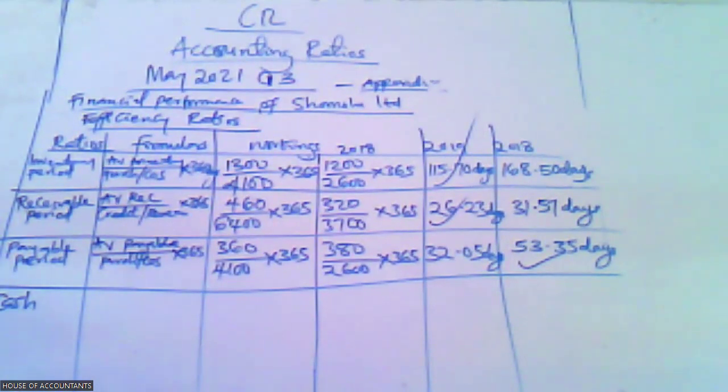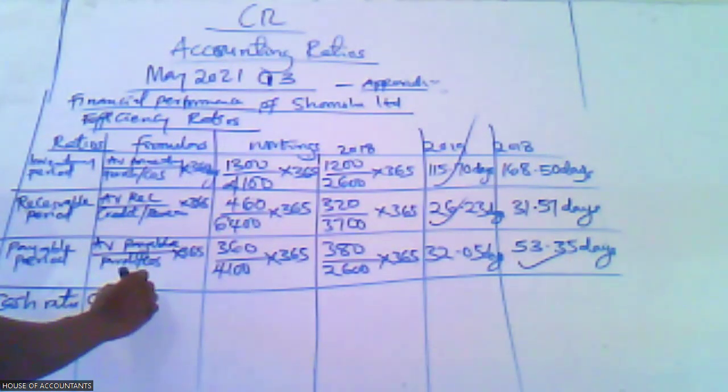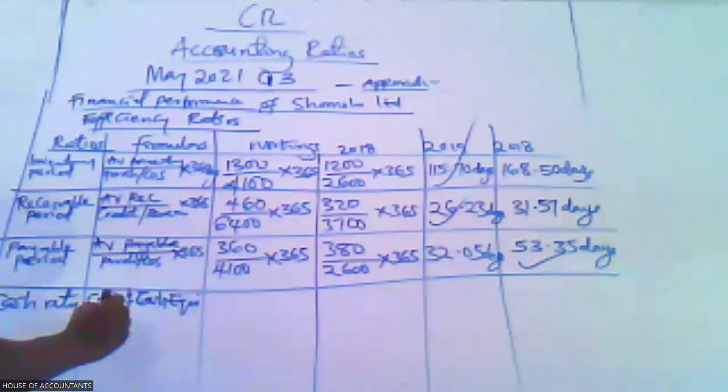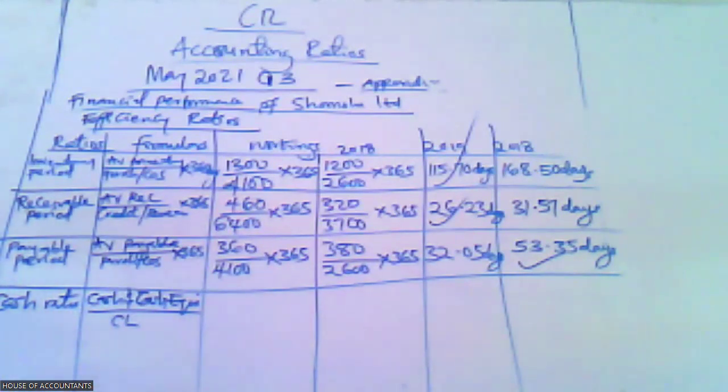Then for cash ratio. What do I say the cash ratio is all about again? Cash and cash equivalent over current liabilities.